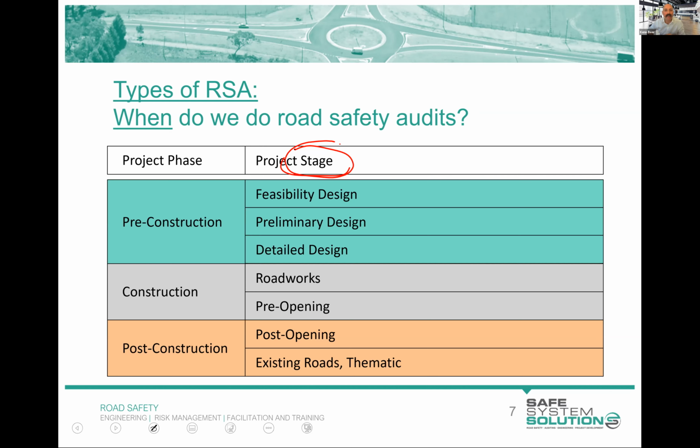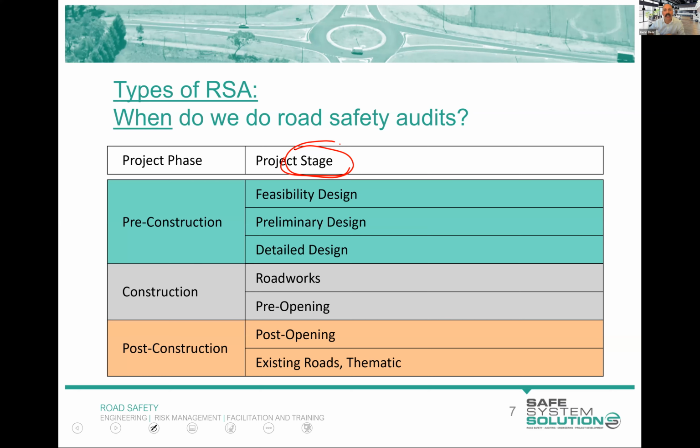Then they come up with a traffic management plan and a traffic guidance scheme, and you might do a road safety audit on that. Is that going to operate safely? And then works are finished, and just before they cut the ribbon, if it's a brand new bit of road, is the pre-opening audit, or if it's a brownfield site, so the road upgrades and they've somewhat kept traffic live, often the pre-opening can be a post-opening, or it's somewhere very close to finished or just live to traffic.